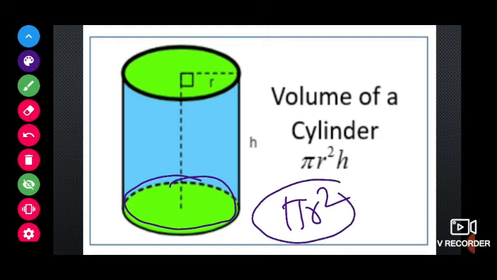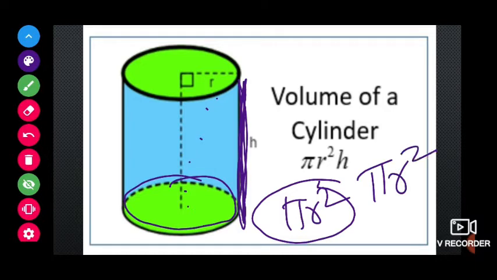We have to take this pi r square h times, because the height is h. So the volume of the cylinder is pi r square h.